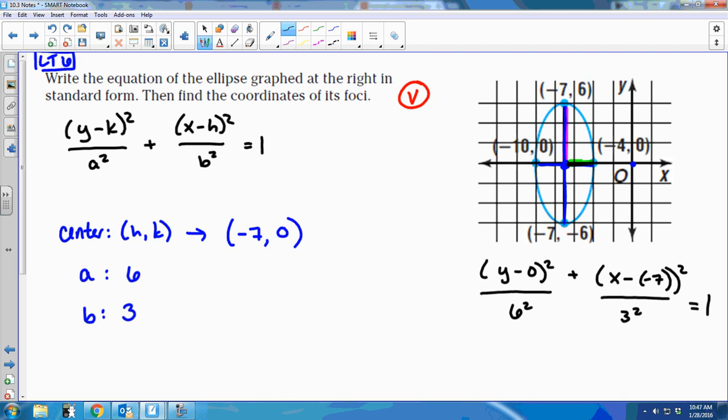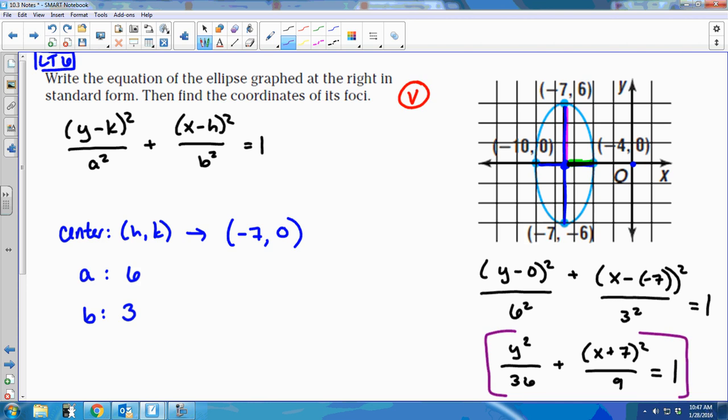And then you probably want to make it nice and neat. So y squared over 36 plus x plus 7 squared over 9 equals 1. That's the equation. Does that make sense to everybody?